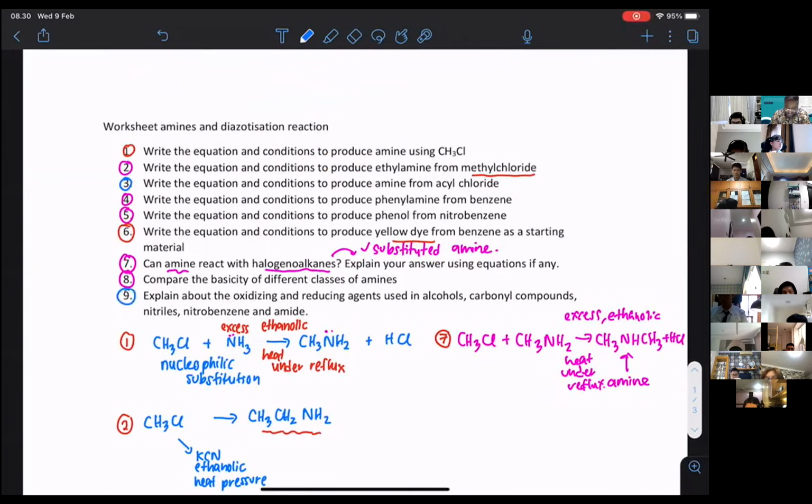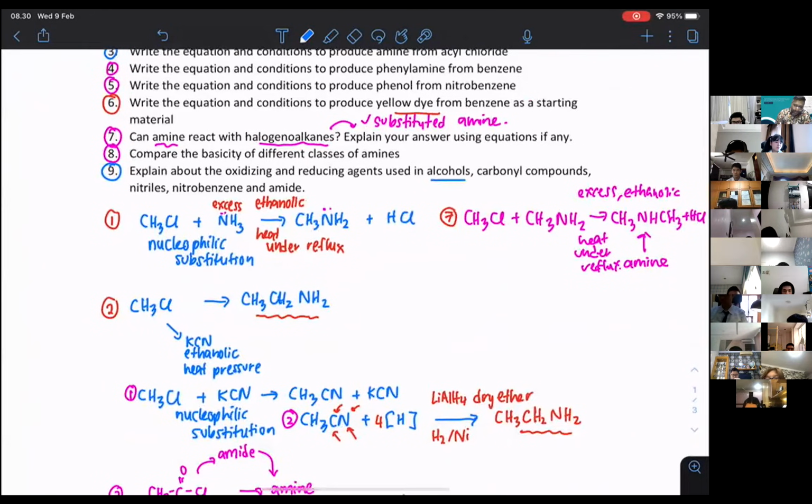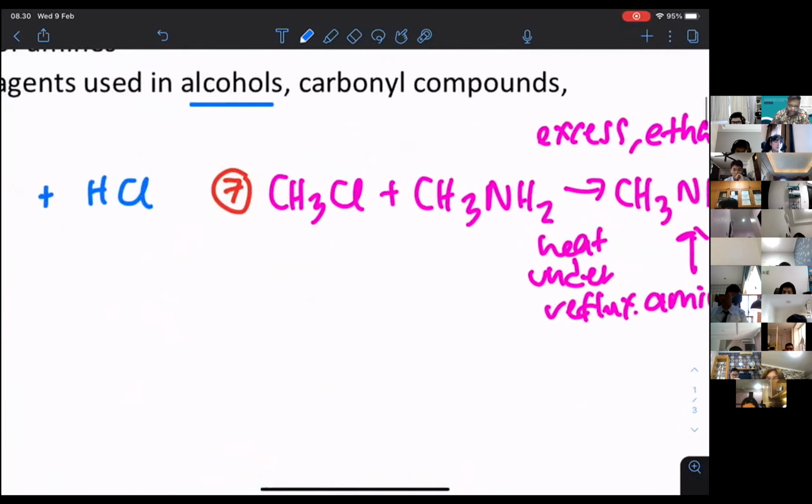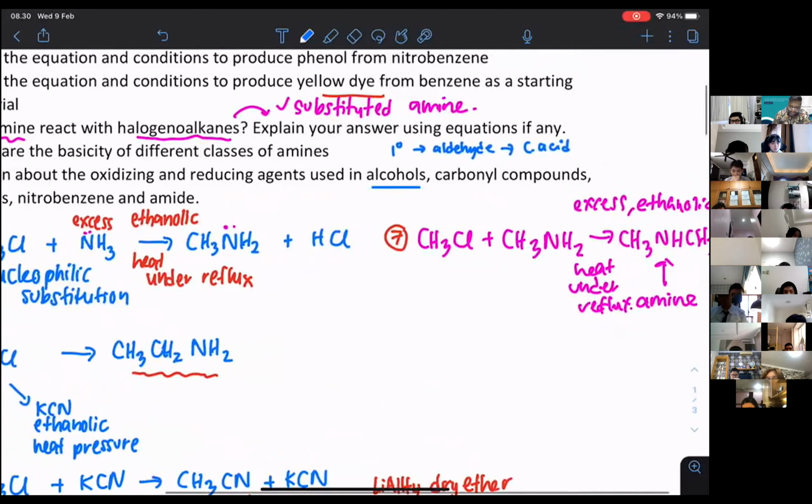Explain about oxidizing and reducing agents used in alcohols, carbonyl compounds, nitriles, nitrobenzene, and amides. This one, explain about all of these. For alcohol, I'll scribble fast. We know primary alcohol can change into aldehyde, and aldehyde can change into carboxylic acid. They didn't mention others, so maybe secondary goes to ketone.